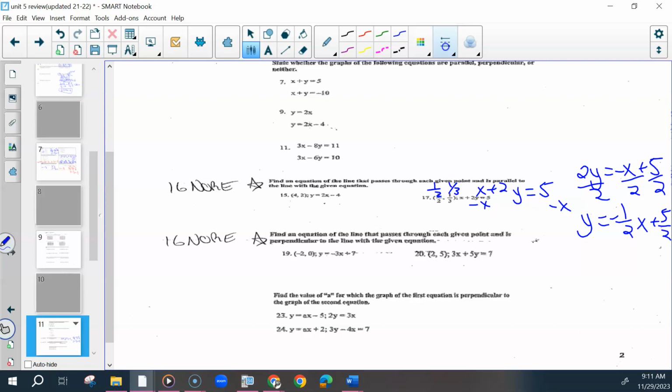Parallel lines have the same slope, so what would the slope of the new equation be? Negative 1/2. So we're going to use that same slope.